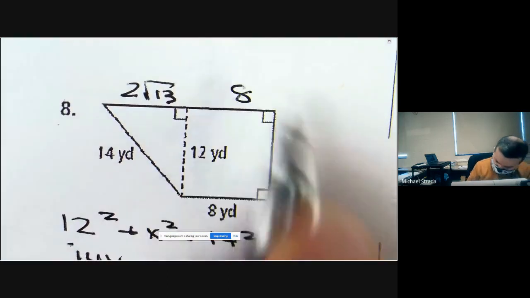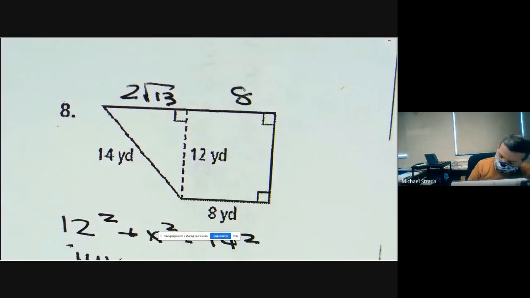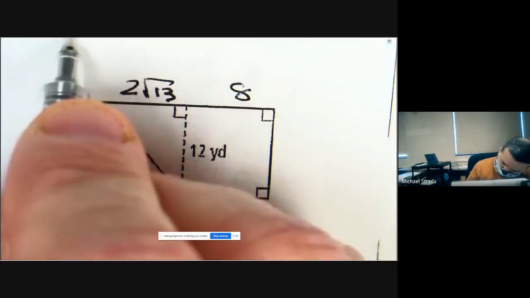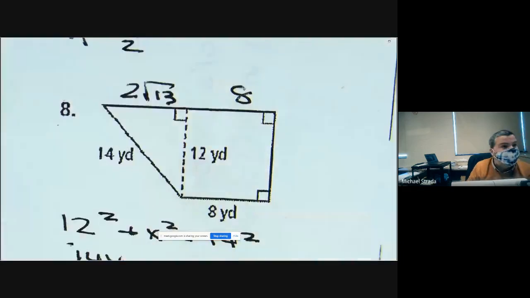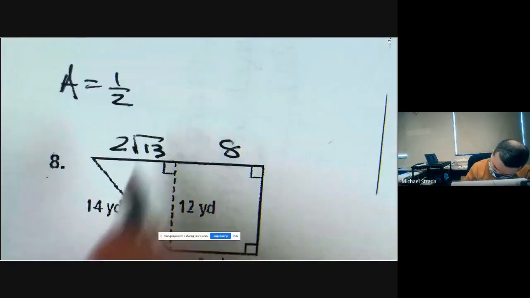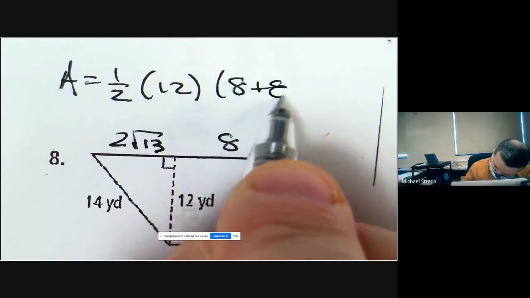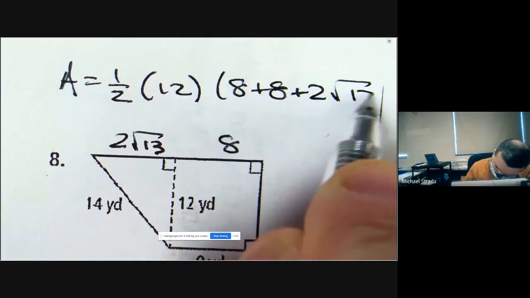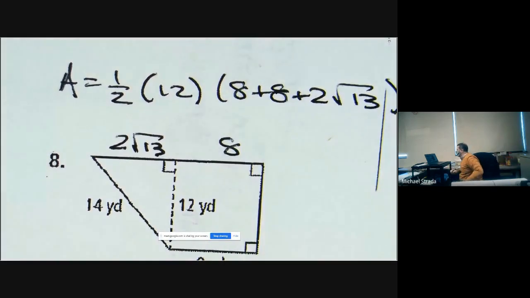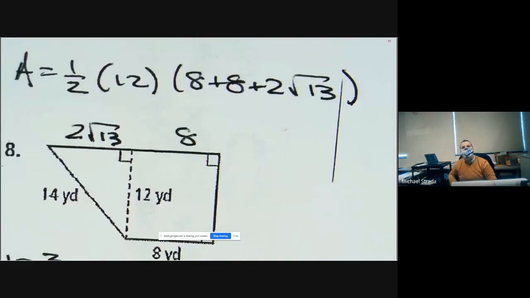All right, up here we've got 8, so that will be 8. Now I'm going to do the area. 1/2. Everybody good with 1/2 because it's a trapezoid. The height is 12. And then the two bases are 8 plus 8 plus 2√13. Before moving forward, does everybody understand that? All good?